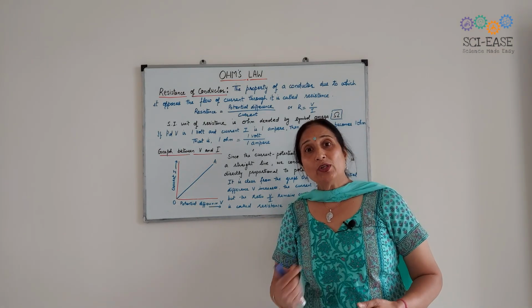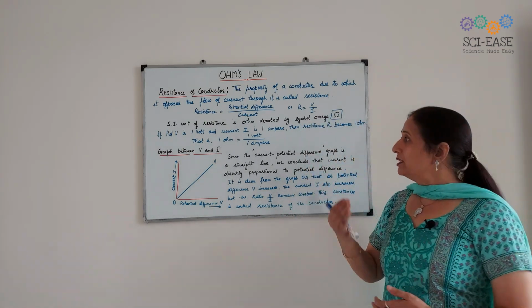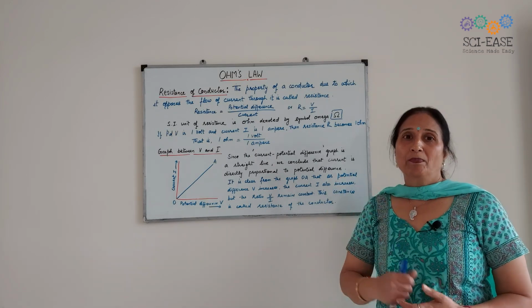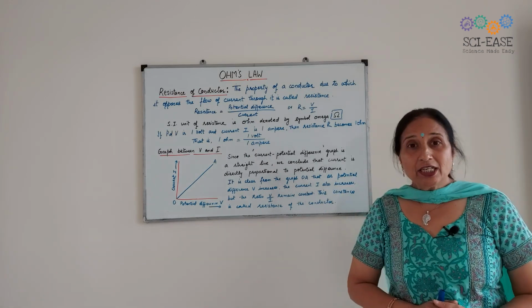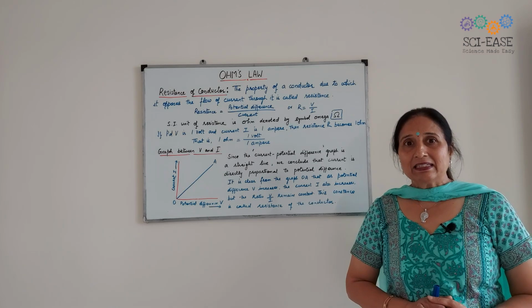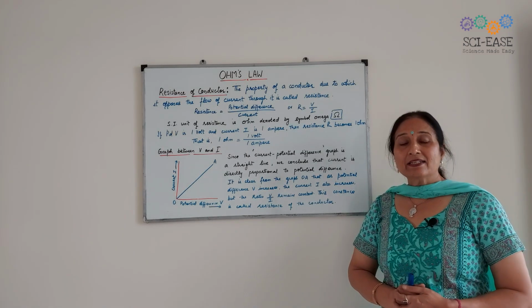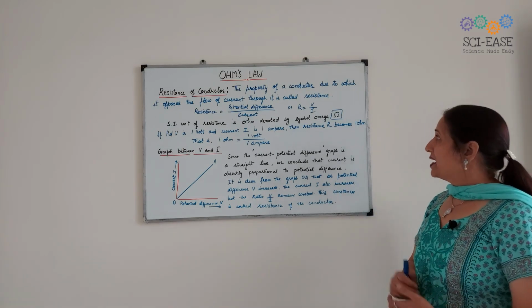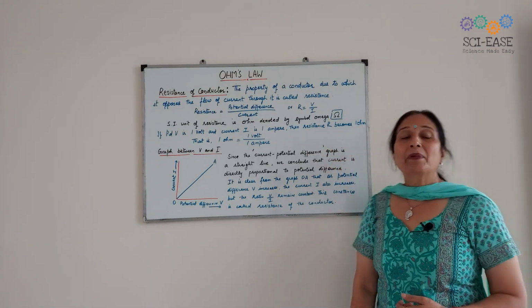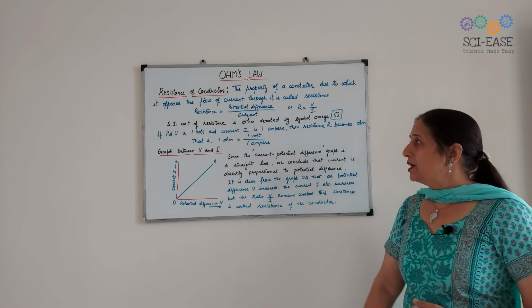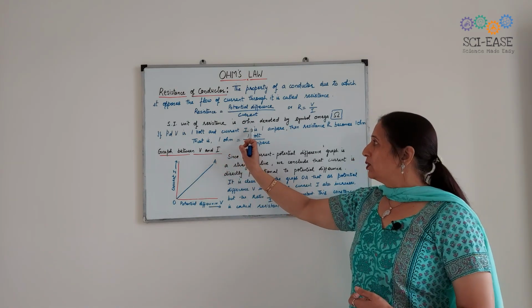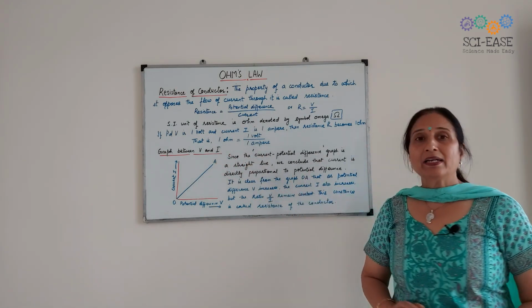Now, I want to tell you about the value of 1 ohm. If the potential difference is 1 volt and the current I is 1 ampere, then the resistance R becomes 1 ohm. So 1 ohm is equal to 1 volt over 1 ampere.